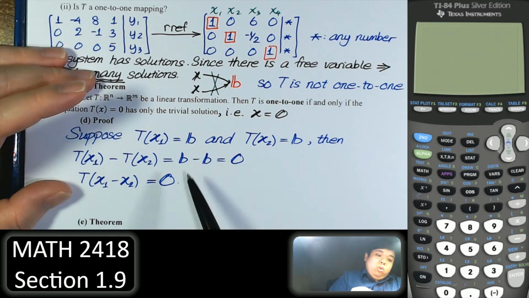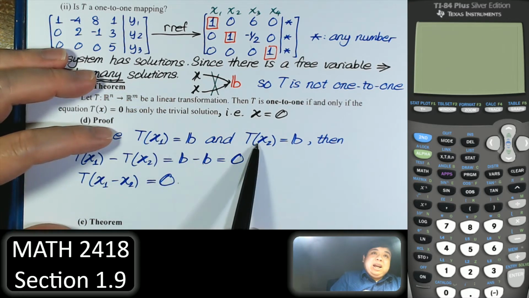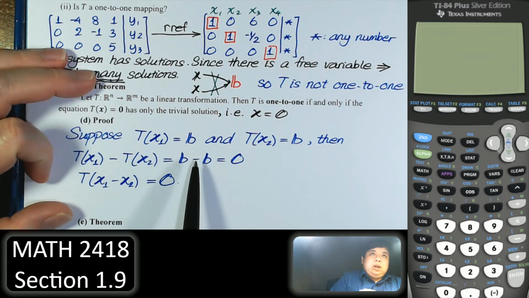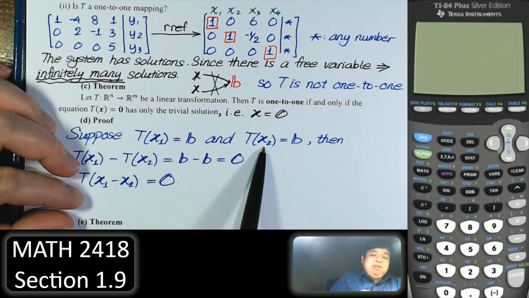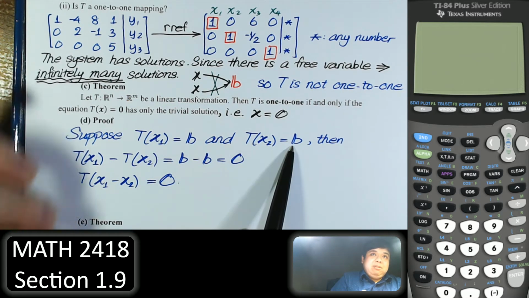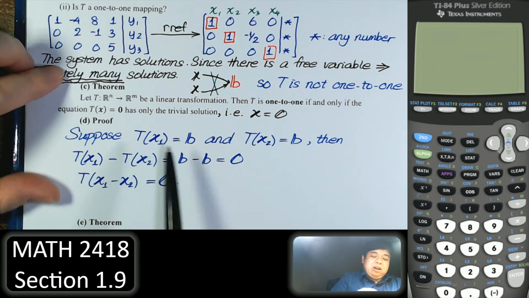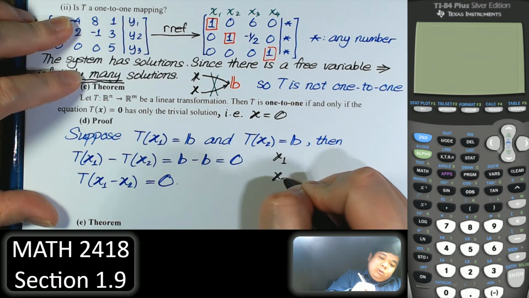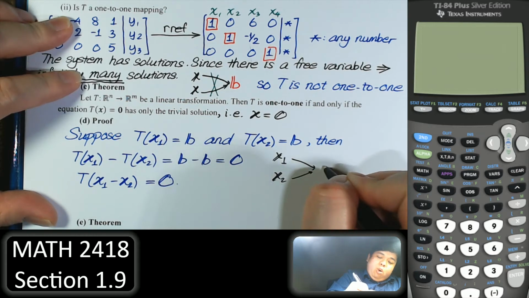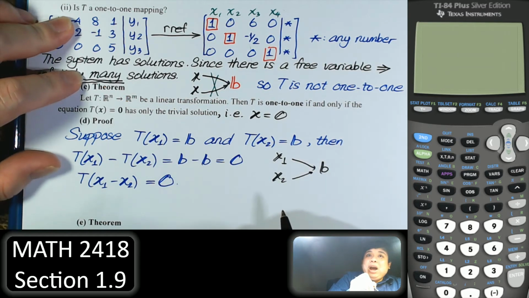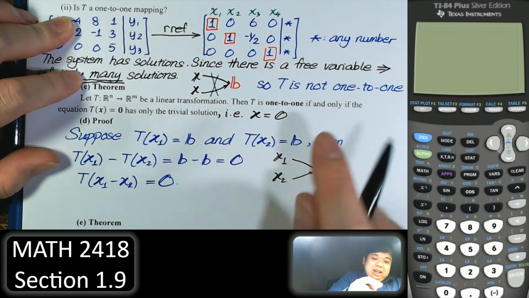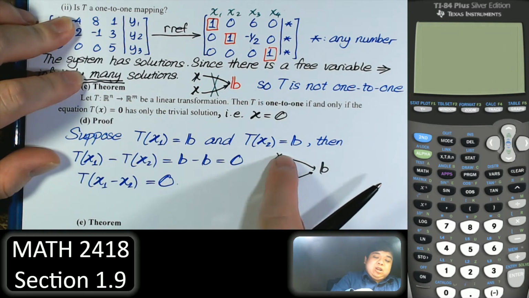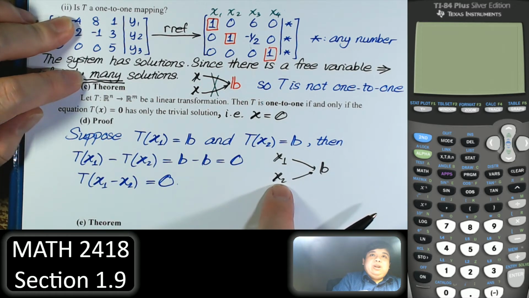If T is 1 to 1, that means x1 has to be equal to x2, because we cannot have different points pointing to the same point on the target. We cannot have x1 and x2 pointing to the same B. However, if both of them equal B, then x1 has to be equal to x2.